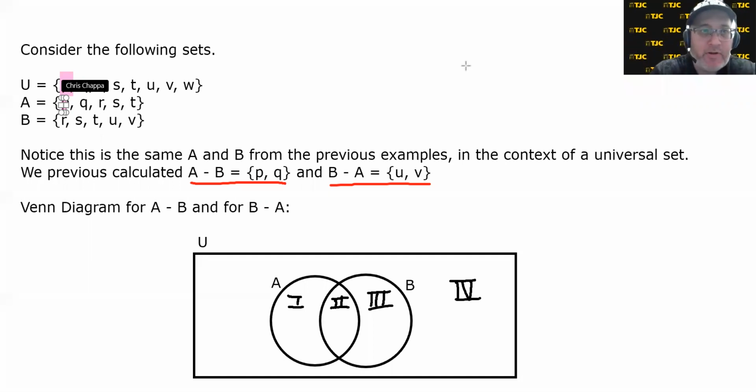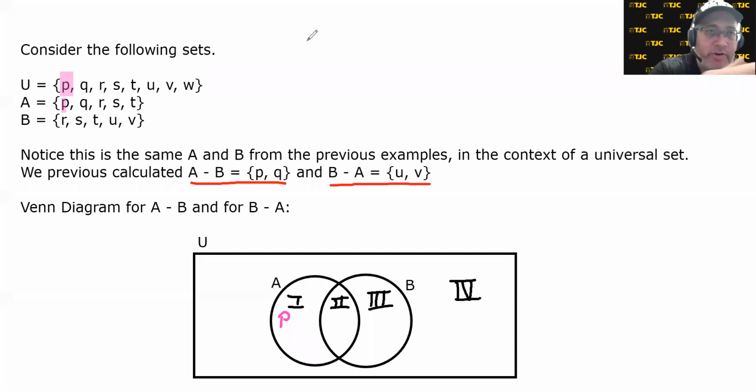So where do we put letters that belong to only set A and not set B? What region? That would go in region 1. Oops, hold on. Region 1. What about Q?